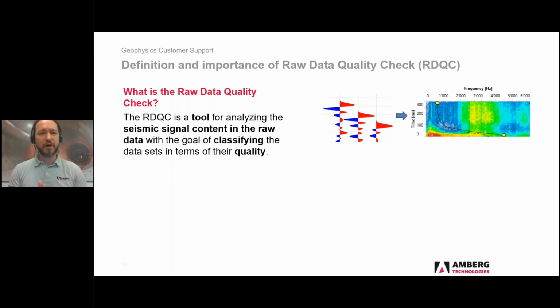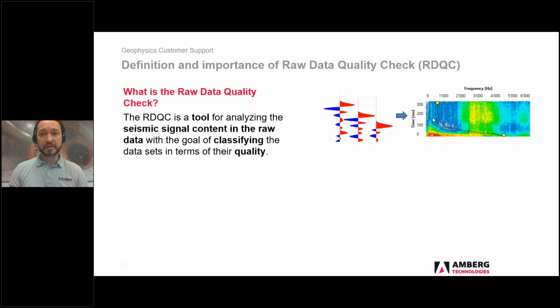Now let's talk about the raw data quality check, abbreviated RDQC. This is a tool for analyzing the signal content in the raw data. The goal is to classify your data set according to its quality. For doing that, we just use the raw data, the seismic traces, raw and non-processed.